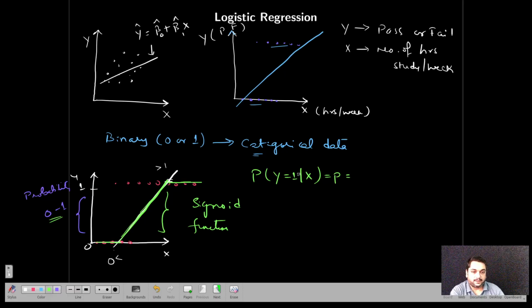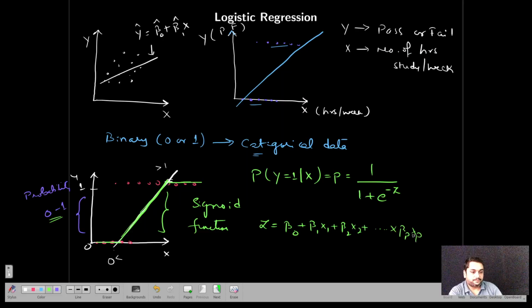This is given by this sigmoid curve, 1 by 1 plus e power minus z. Now, what is z? z is nothing but your regression line: beta naught plus beta 1 x1 plus beta 2 x2 and so on, up to beta p xp. So this is called logistic regression.